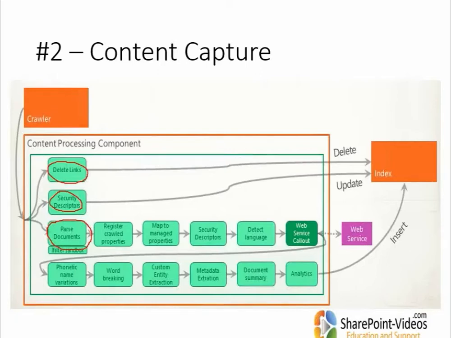As you can see, processing those changes contains a lot of steps. For example, it extracts the crawled properties, creates the managed properties, gets the security descriptor, and does some language detection. It's very important. I will show you some examples of how it works with different languages in the same environment.